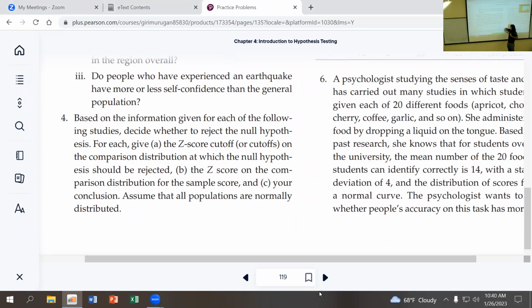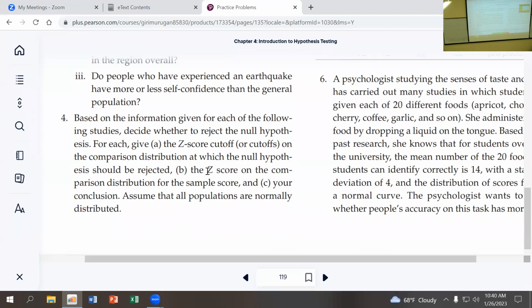So null distribution, sampling, reference, comparison, they're all the same. I'm giving you all the names just in case you Google or get to YouTube, you might encounter this. So we want to know the cutoff score. That is what's going to help us make the decision.